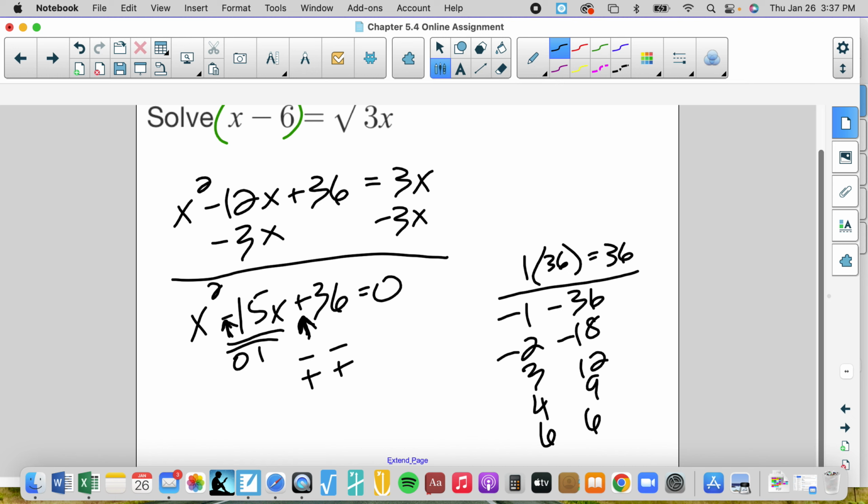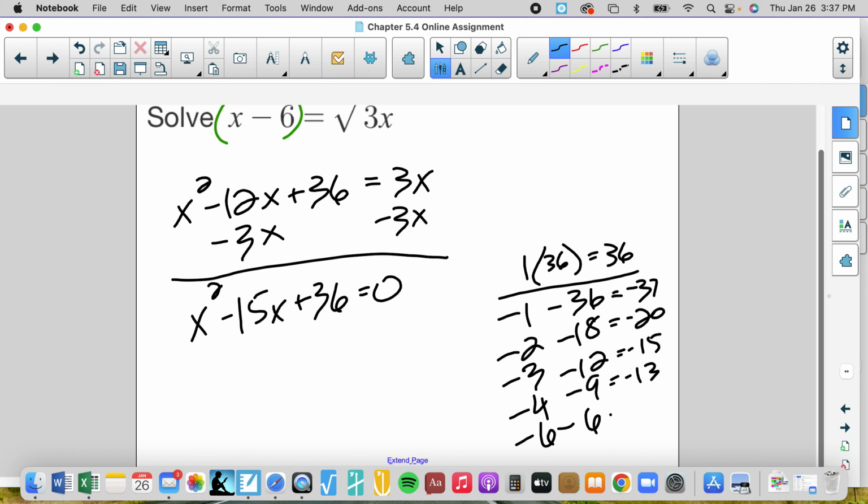So we go over here and apply that logic to our factor pairs. And now we are going to combine those. Negative 1, negative 36 is negative 37, negative 20, negative 15, negative 13, negative 12. Which one of these is equivalent to my middle value, negative 15?